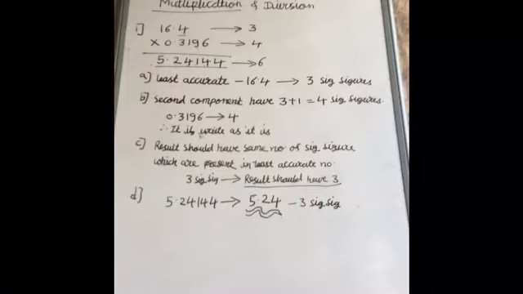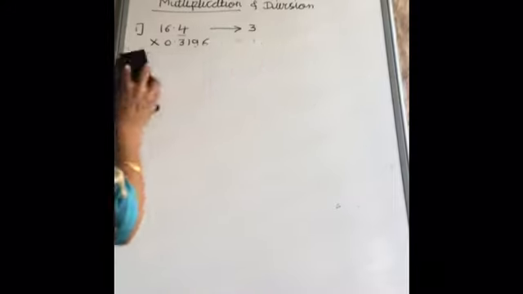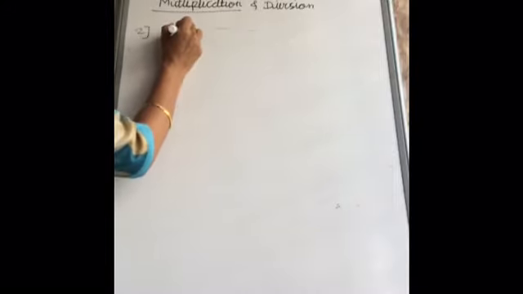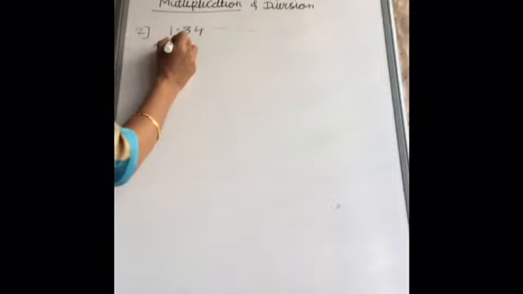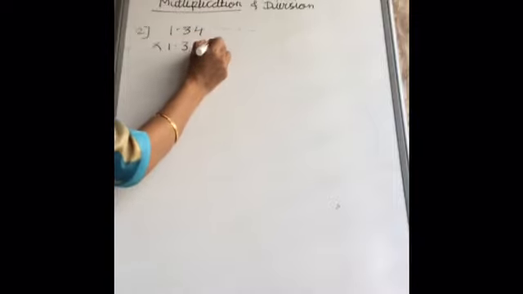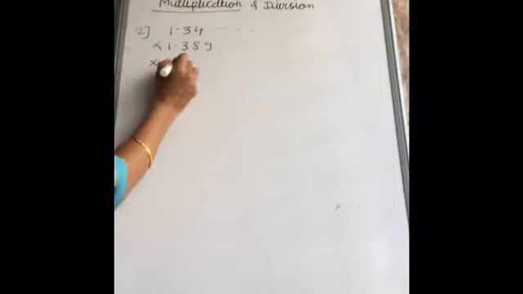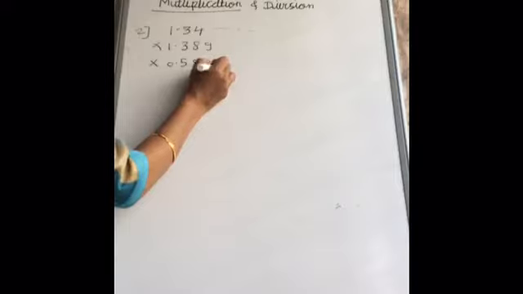Now we will take a second example. In the second example, 1.34 is multiplied by 1.389 is multiplied by 0.5868.